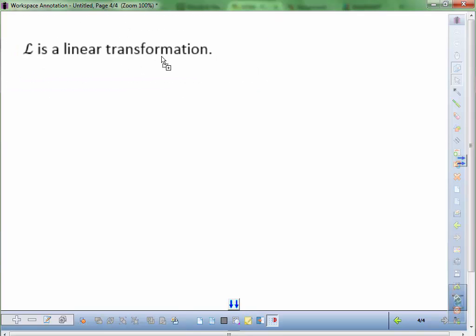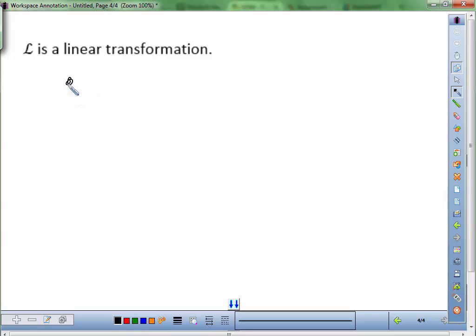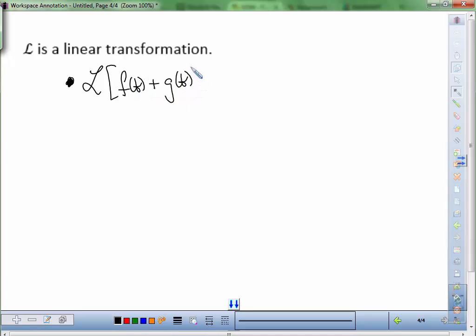What is the definition of a linear transformation? There's two things. What two things have to happen? If you do it to the sum of something, then that's equivalent to if you do it to each and then add those.